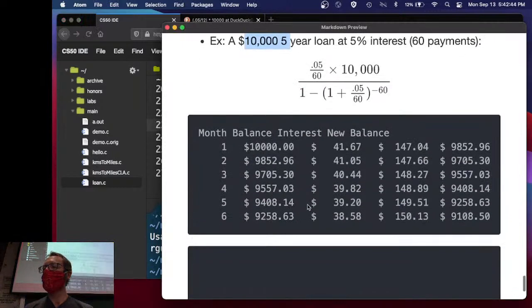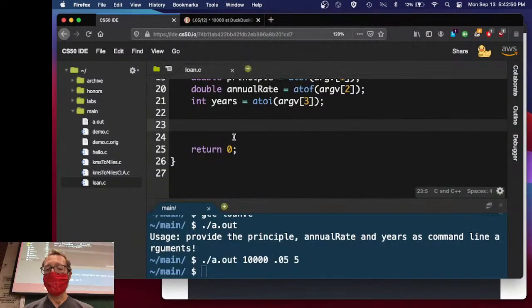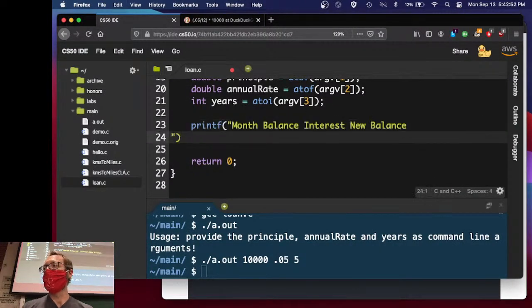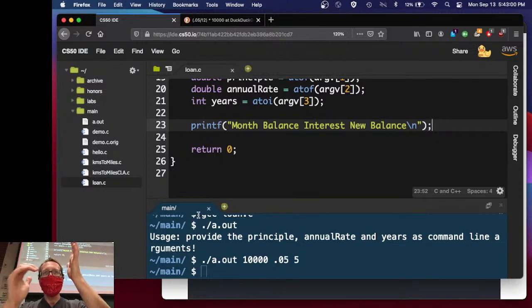I need to produce a table that looks something like this. So let me go ahead and write out the header here, printf, and the line. Right? So each one of those is my column. The first month, month 1, 2, 3, 4, 5, 6, 7, 8, 9, 10, whatever. The balance for that month, the amount of interest that you pay in that month, and then the new balance.